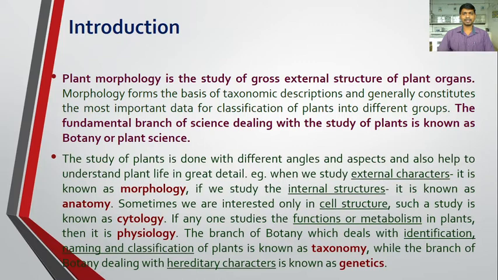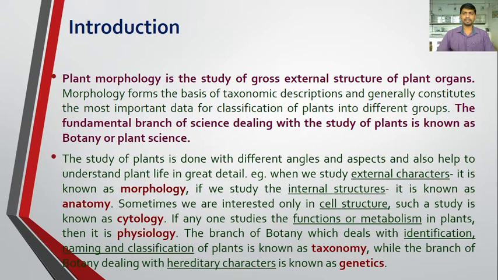So these are the various disciplines of the botany where the plants has been studied with different angles and aspects. The purpose behind this is to understand the plant life in great detail. For that, we study the external and internal characters and structures of the plant in the morphology and anatomy. If we study the cell structure, then it is cytology. If we know the function or metabolism in plant, it is physiology.